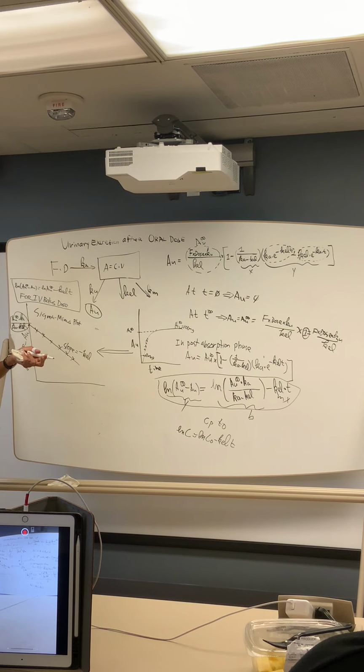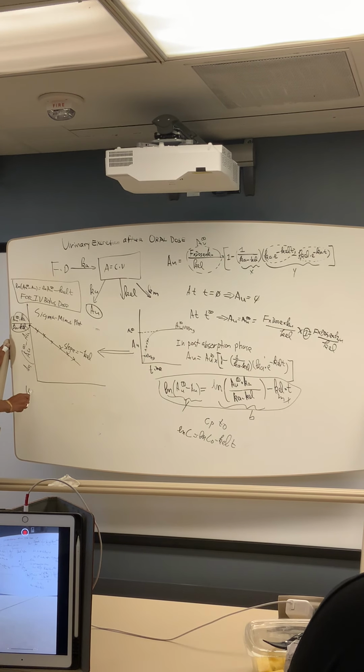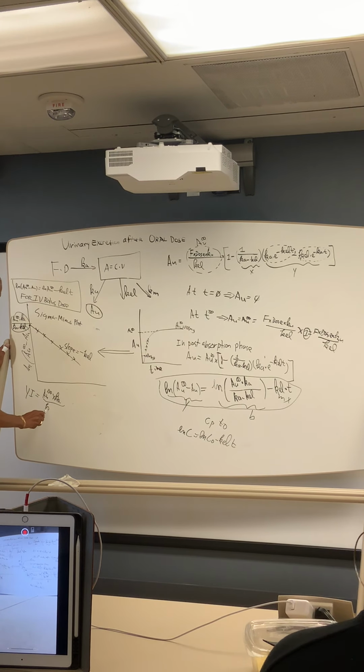We already know what KEL is; we used it to create the fake data. Does that make sense? Then this intercept right here, the y-intercept on semi-log paper, is equal to AU infinity times KA divided by KA minus KEL.